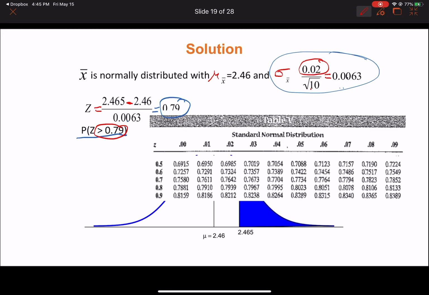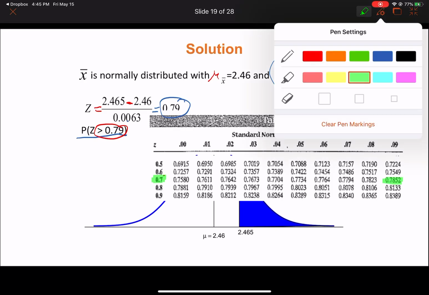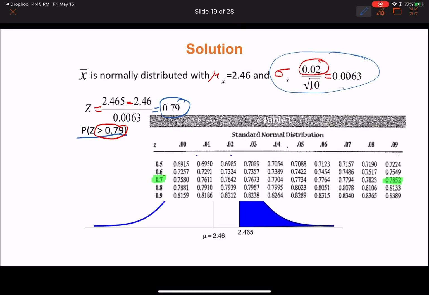Here's 0.7. We go to the hundredths place down here, 0.79. So that's going to be 1 minus, because we're looking for greater than, and this right here gives me less than.